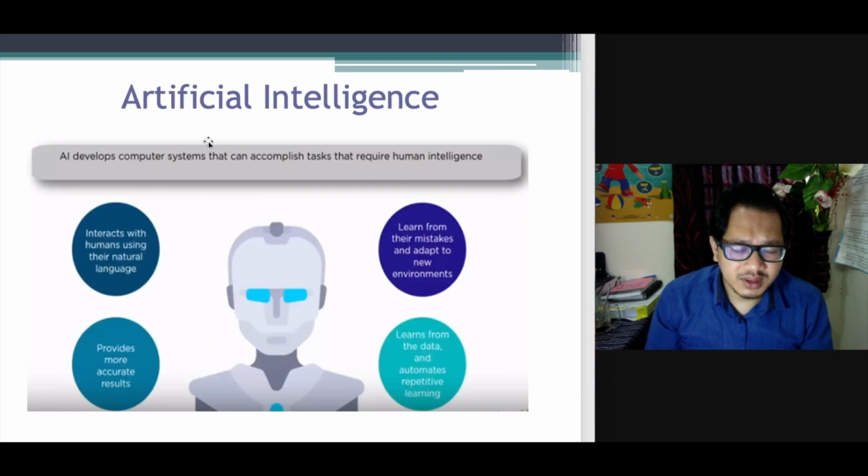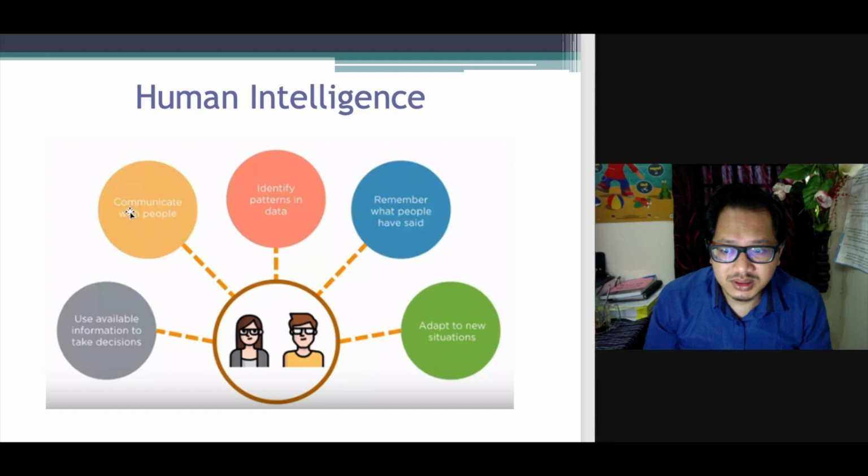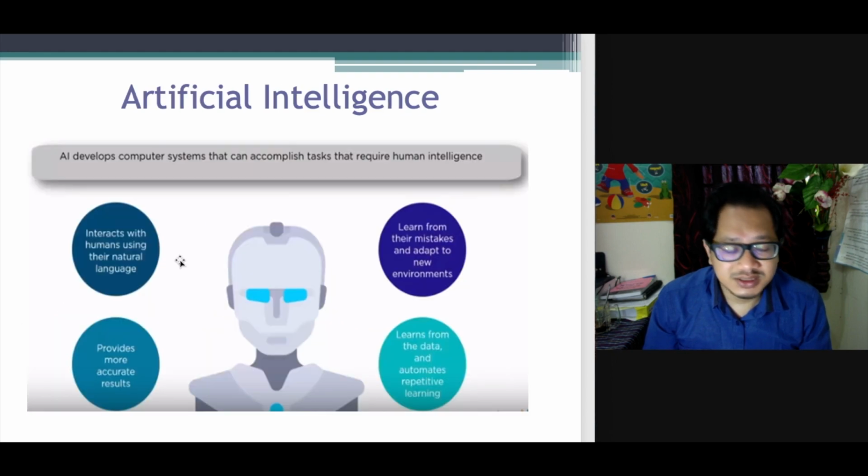How about artificial intelligence? AI develops computer systems that can accomplish tasks that require human intelligence. Kita cuba adaptkan benda-benda ni semua ke dalam artificial intelligence. The computer ataupun robot sini boleh provide more accurate results.